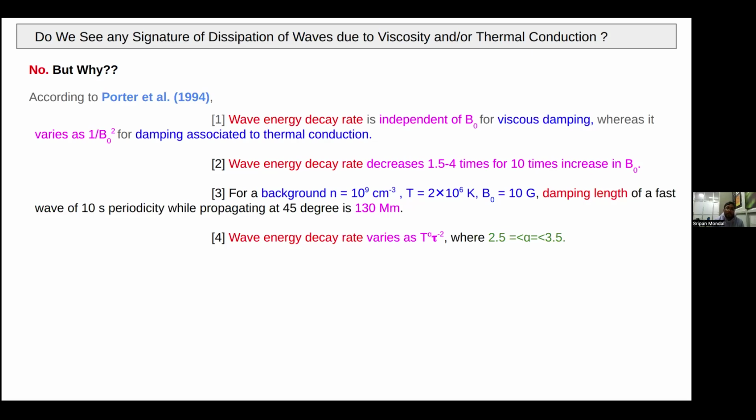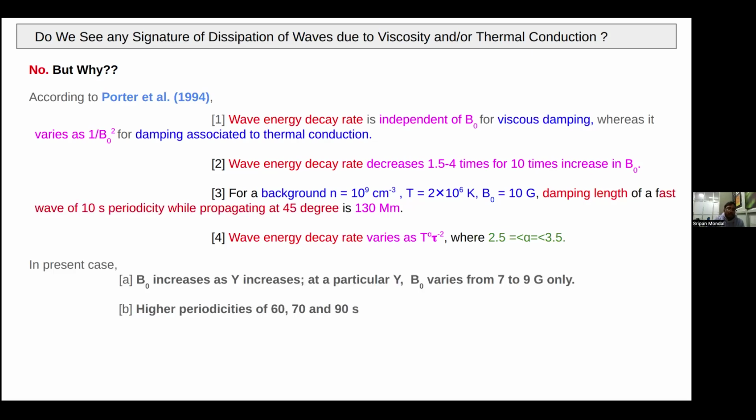Now, with all these points in mind, if we look at our simulation, we see that B naught increases as Y increases. So if you go farther away from the source region, B naught is basically increasing. Also, at a particular distance from the source, B naught only varies between 7 to 9 Gauss, which is not a large variation. We also have higher periodicities of 60, 70, and 90 seconds associated with the waves generated in our simulation.